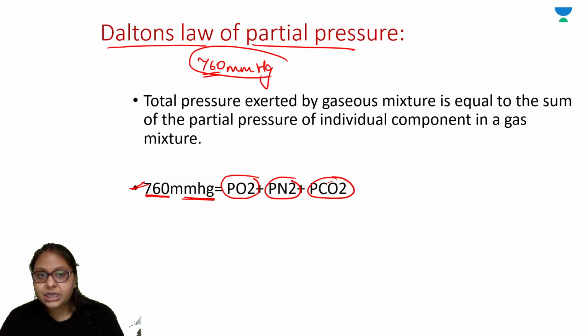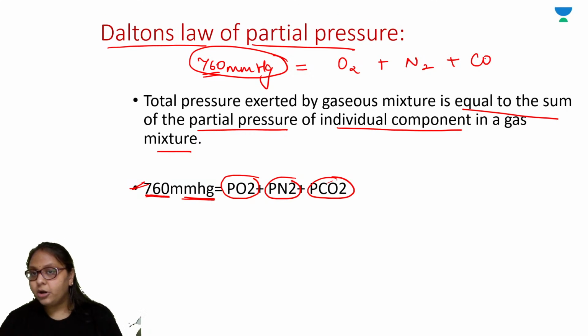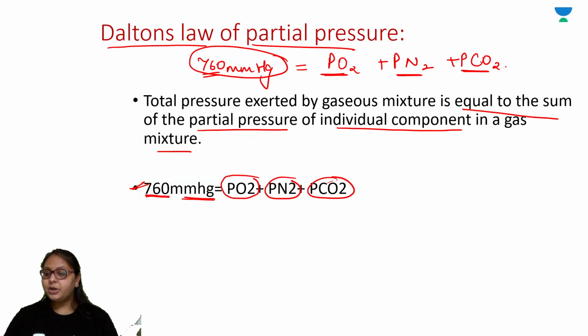This total atmospheric pressure is equal to the sum of the partial pressures of the individual components in a gas mixture. What is our air made of? Oxygen plus nitrogen plus carbon dioxide, right? So the total pressure is equal to the partial pressure exerted by oxygen plus the partial pressure exerted by nitrogen and the partial pressure exerted by carbon dioxide.